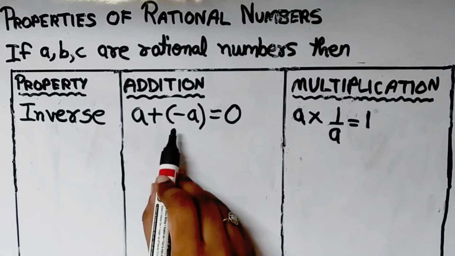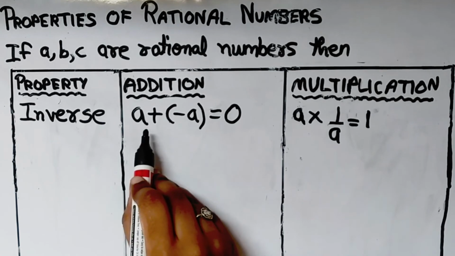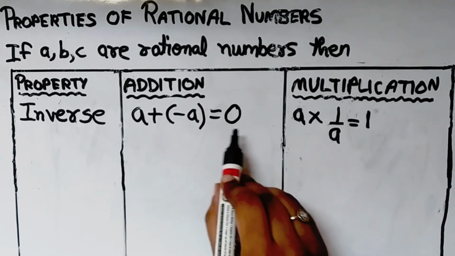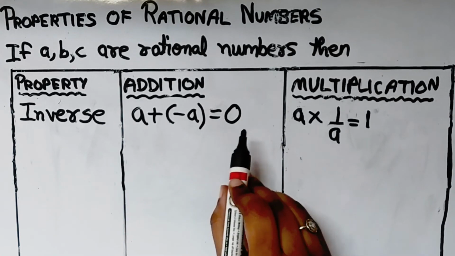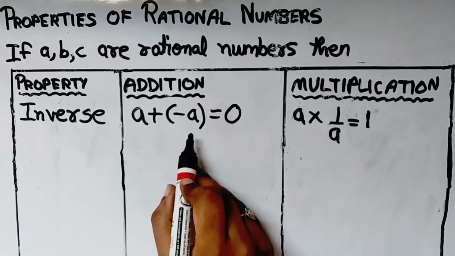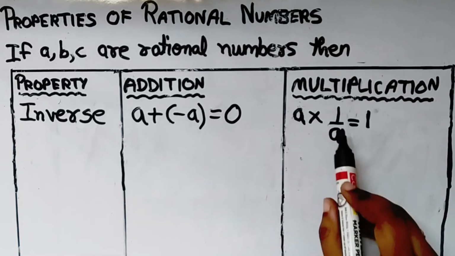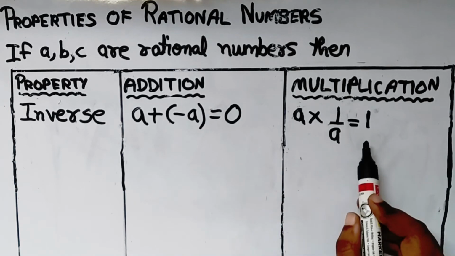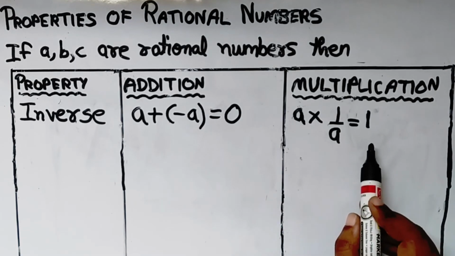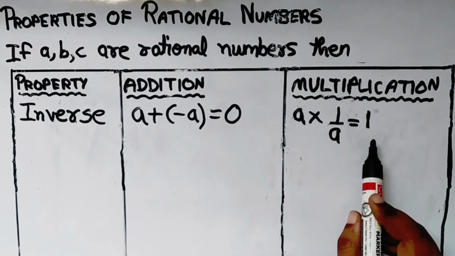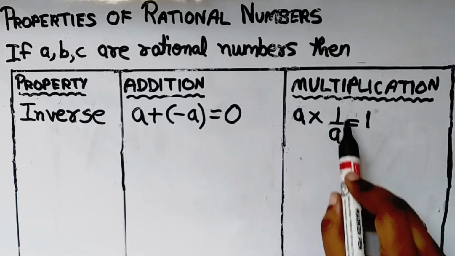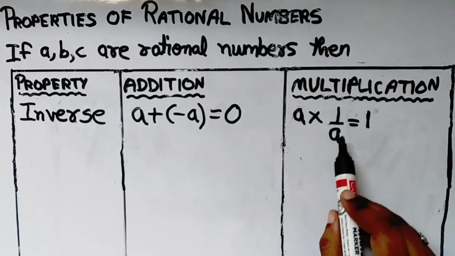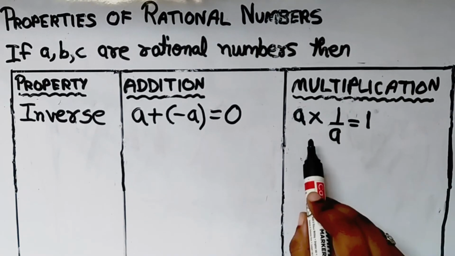Minus A is the additive inverse of A. 1 upon A, if we multiply it with A, what we will get? 1. 1 is the multiplicative identity. So this 1 upon A is called the multiplicative inverse of A.